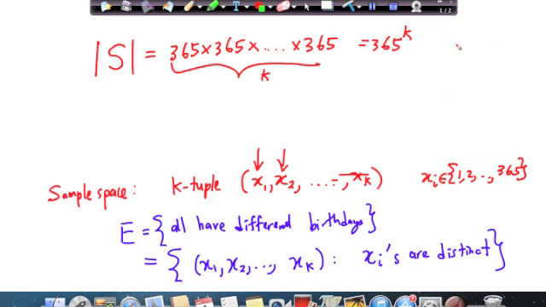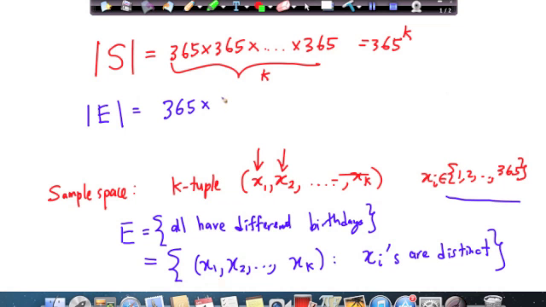Next, we want to count the size of the event E. We can first count the number of ways to choose x1, before choosing the other entries. There are 365 choices for x1, since this is the first entry we are allowed to choose. Next, since we have chosen x1 and we want x2 to be different from x1, we are left with 364 choices.